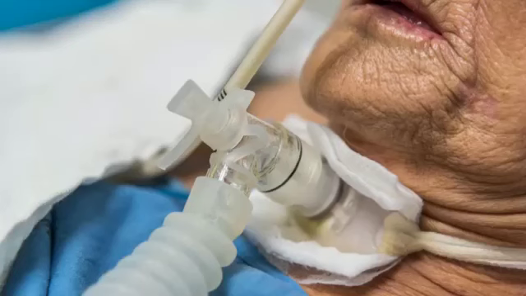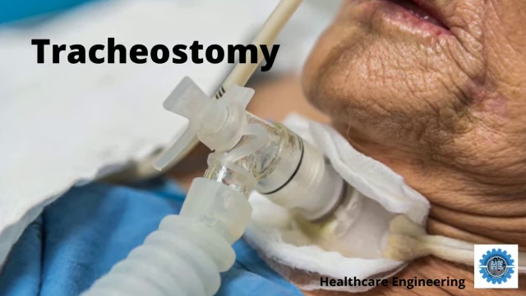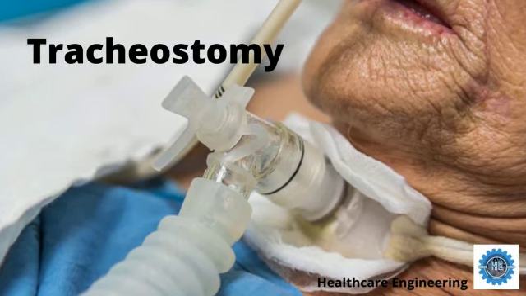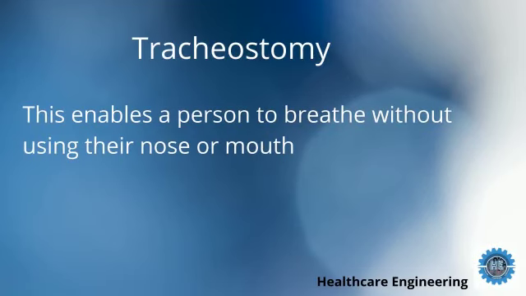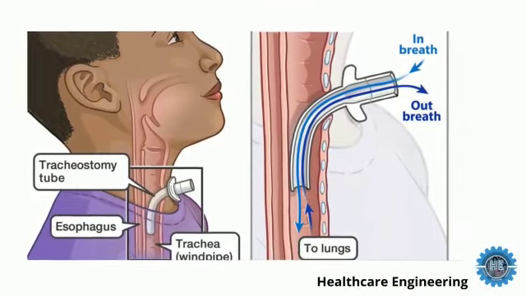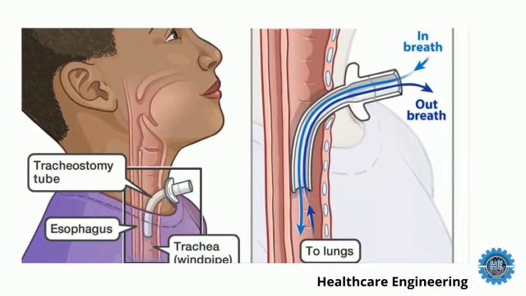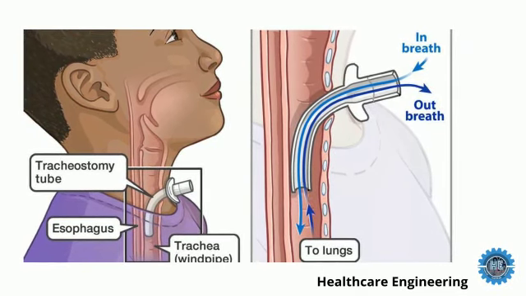A tracheostomy is a procedure where a doctor creates an opening in the windpipe and inserts a tube which allows air to flow in and out. This enables a patient to breathe without using their nose or mouth. People who have undergone tracheostomies can also receive ventilator support through this opening. Instead of inserting a tube through the mouth, doctors insert it directly into the windpipe.